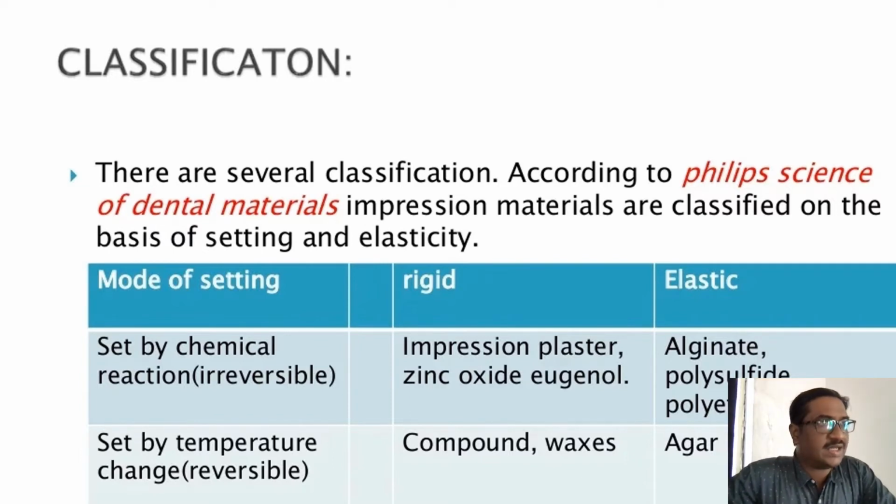Chemically set impression materials are impression plaster, zinc oxide eugenol impression paste, alginate, elastomeric impression materials. Then those set by temperature change: impression compound, waxes, then agar.